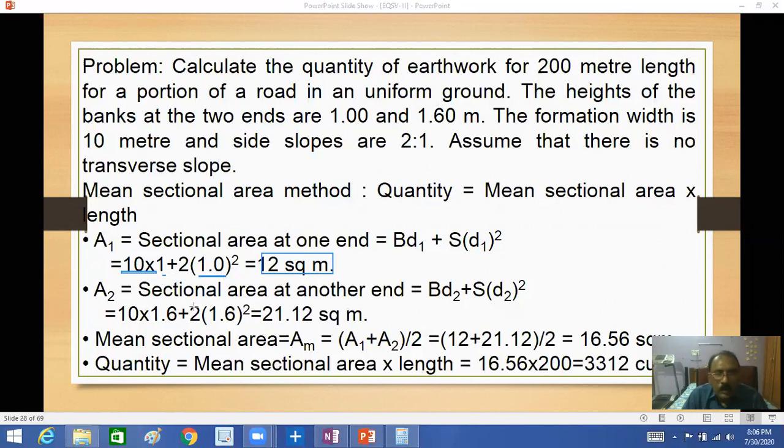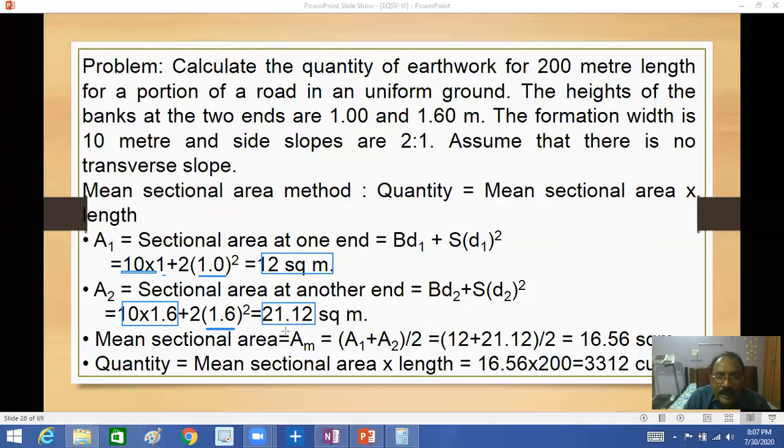In the A2 sectional area, that is 10 into D2, that is 1.6, plus 2 into D2 square, with D2 equal to 1.6, you will get 21.12.